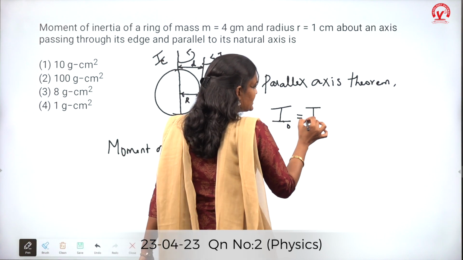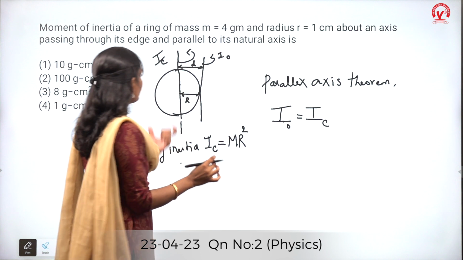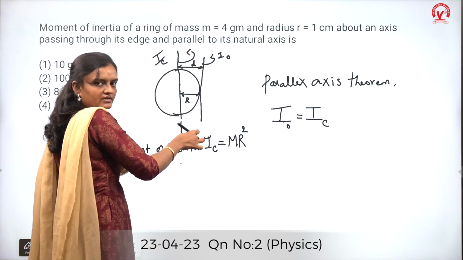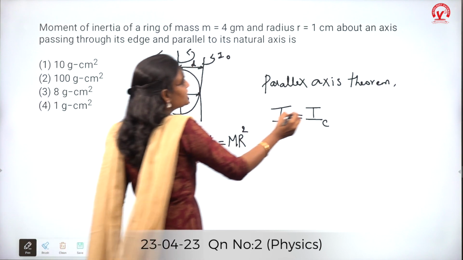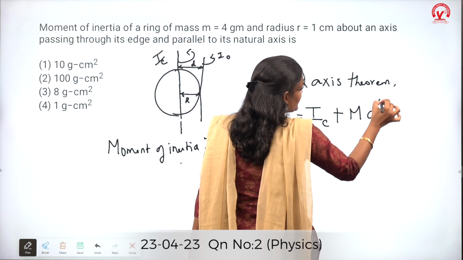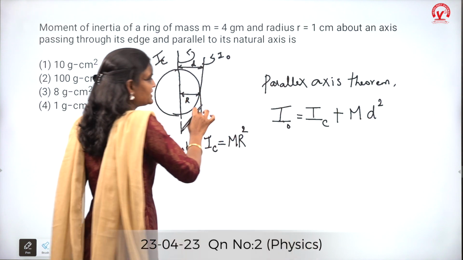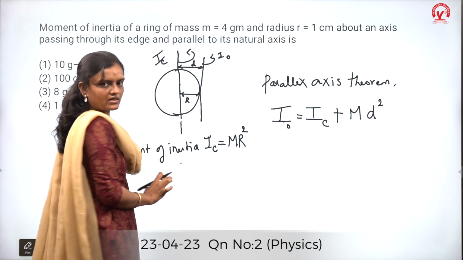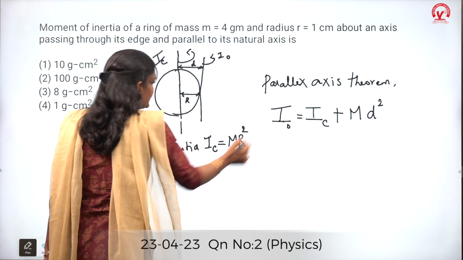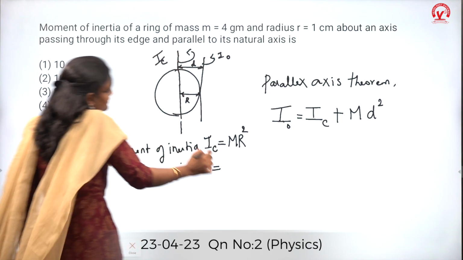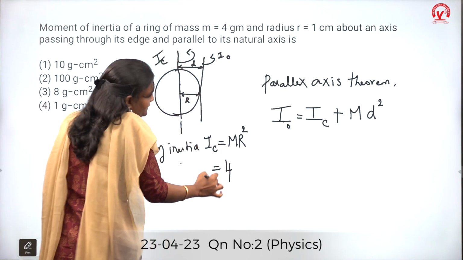So, IC is the moment of inertia of the axis passing through the center, plus M d squared. M is the mass of the ring and d is the distance between the two parallel axes. IC represents this; they gave the mass as 4 gram.